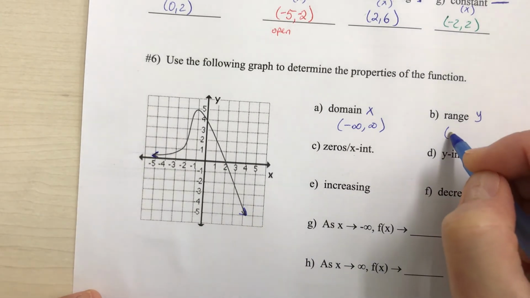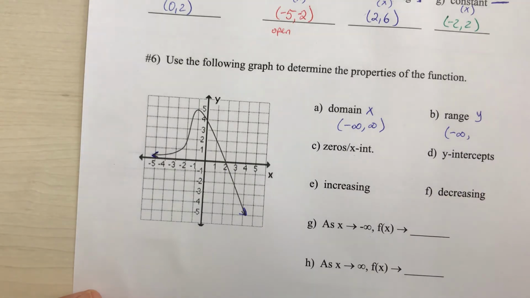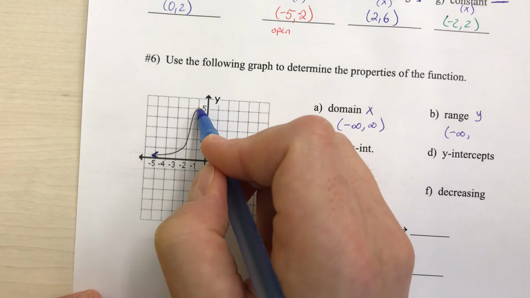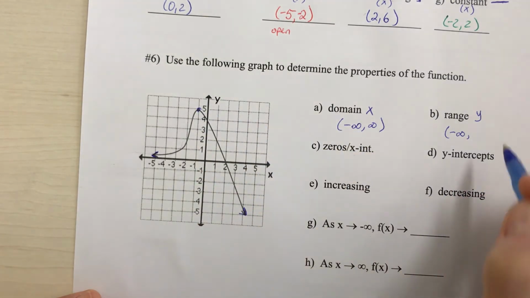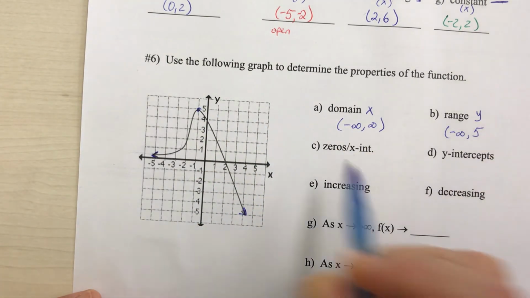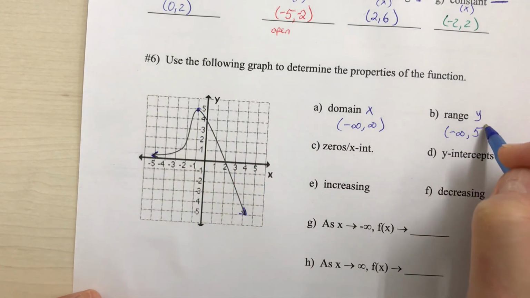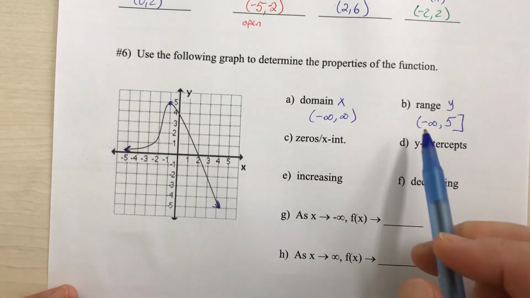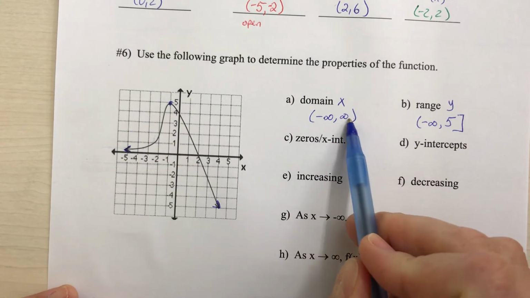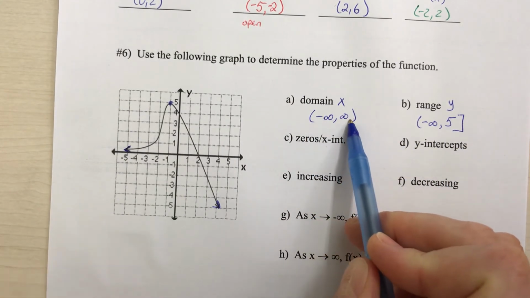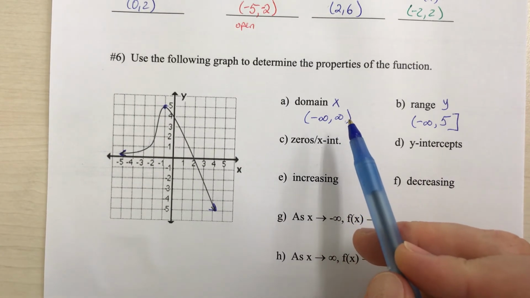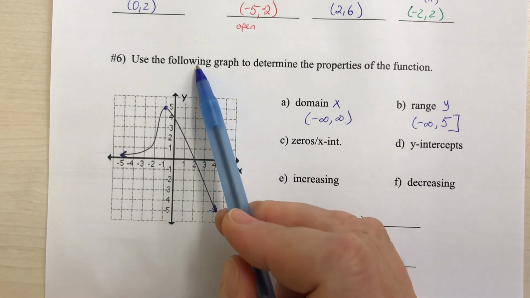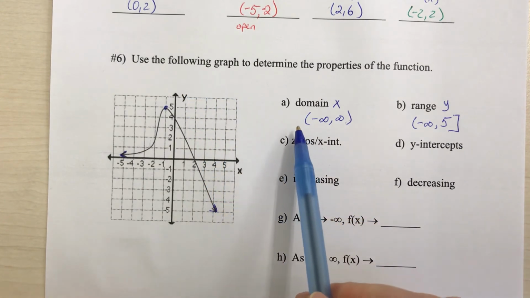So that means our lowest will go to -infinity. Now, how high do we get? Well, our highest value looks to be right about here. That looks like 5. And since that is a value, we're going to close that. One of the things about the infinities is we always keep those open because infinity is not a number, it's a concept. You actually never reach infinity. It's not a number, it's just an idea that we keep going and going.